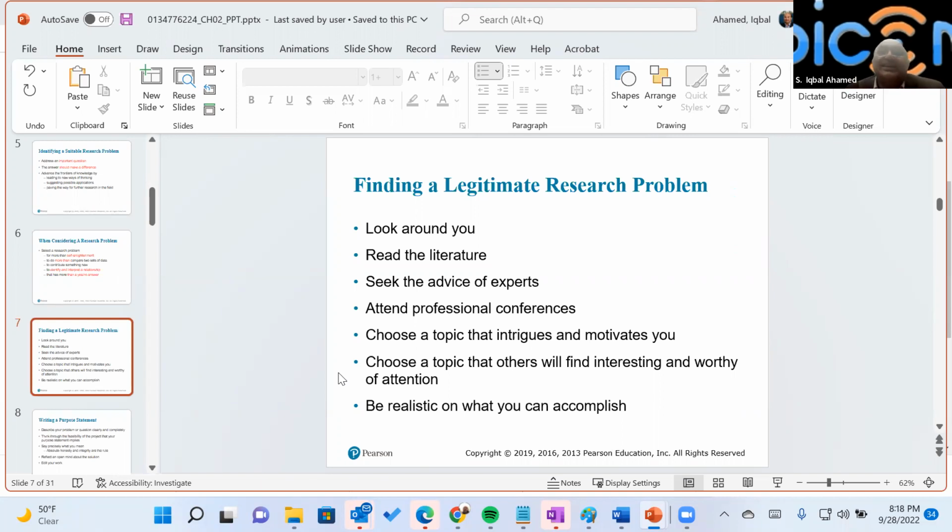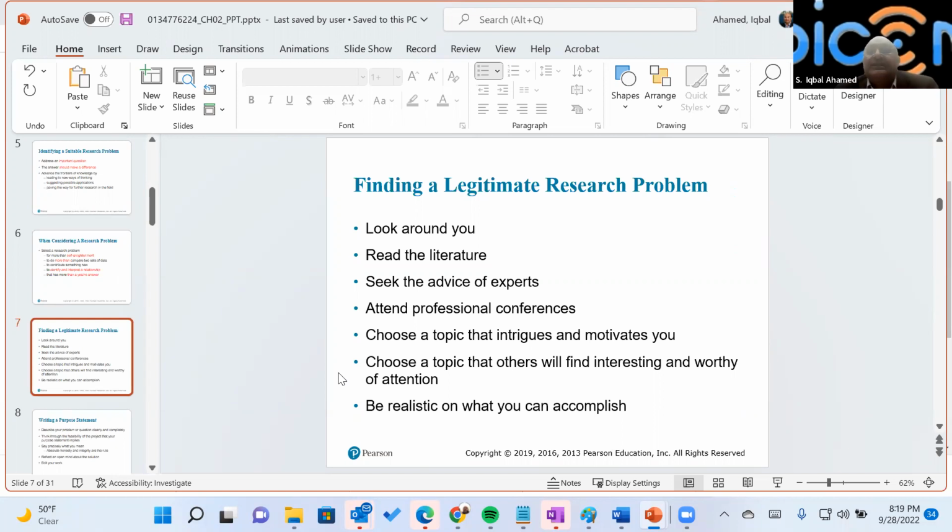What they're saying is, look around you, read the literature, seek advice of experts. You can talk to an advisor, you can talk to other professors. Even in your committee, you might want to invite some other members, right? Your advisor works in some area, but other people's knowledge may be helpful. So it's okay to talk.